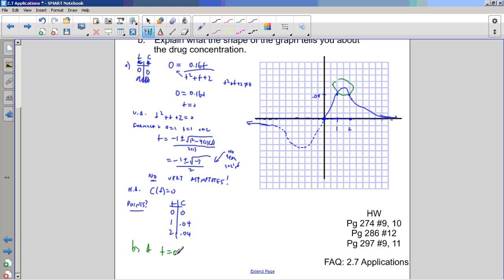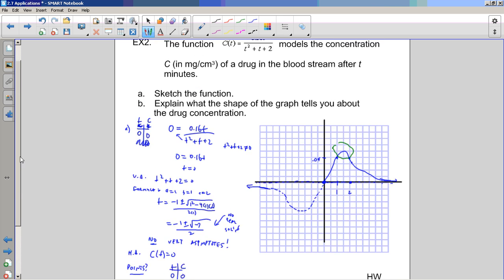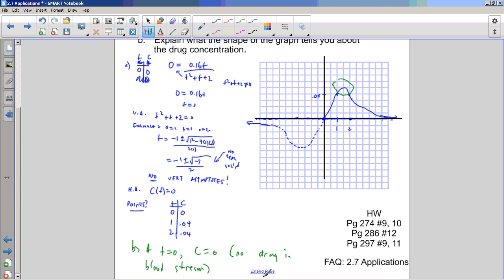At T equals 0, C equals 0, no drug in the bloodstream. And what is T in hours or minutes?